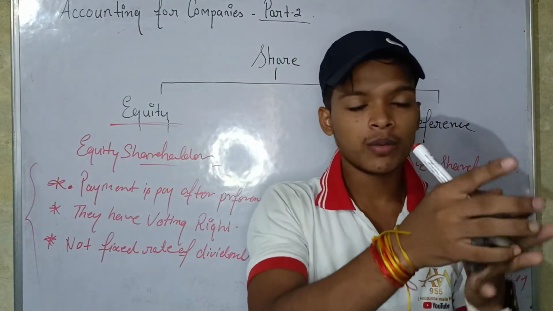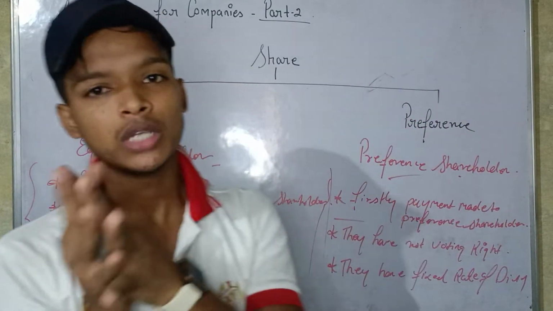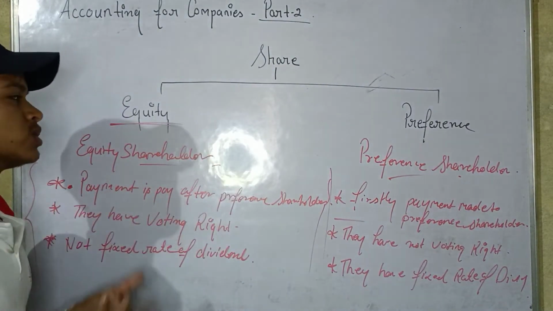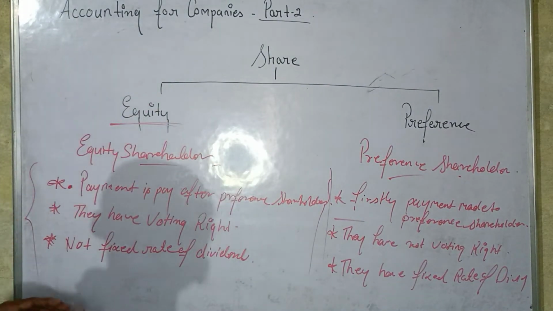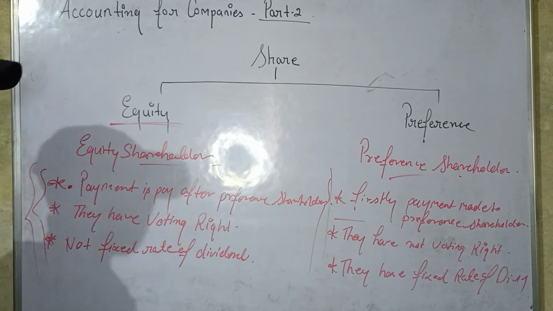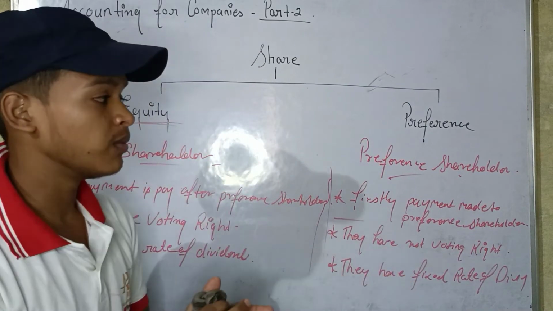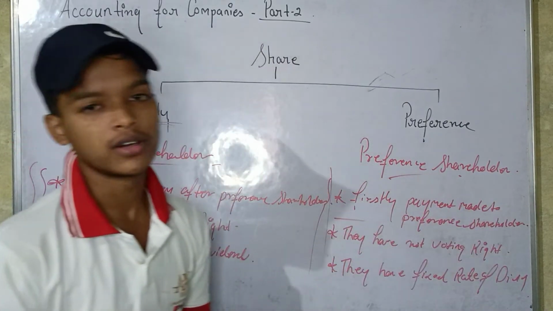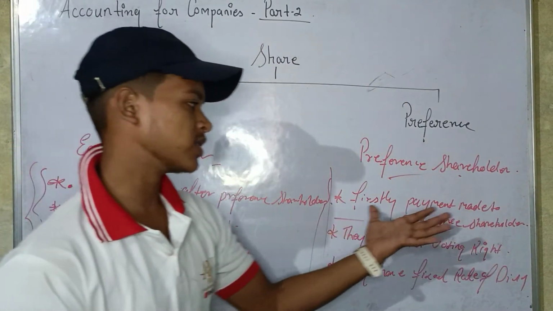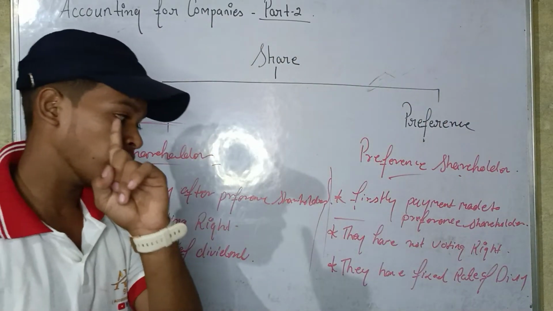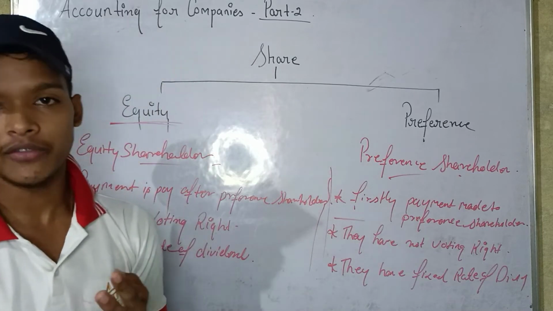When we go to the company to purchase shares, the company issues two types of shares. If I purchase equity shares, I have such types of rights, whereas if we purchase preference shares, we get such types of rights. The rights mean payment of dividends first, no voting rights, and a fixed rate of dividend.